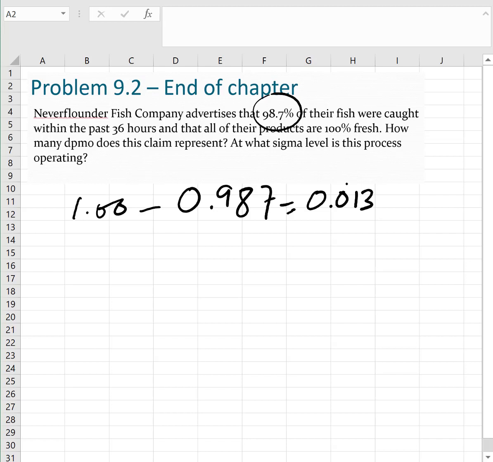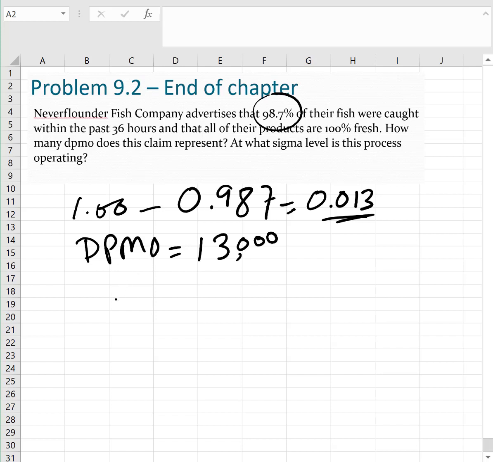So times a million, the DPMO would be, multiply this by a million and you get 13,000. So 13,000 fish would not be fresh per million given this claim that they have made. So that's DPMO. And at what sigma level is this process operating?